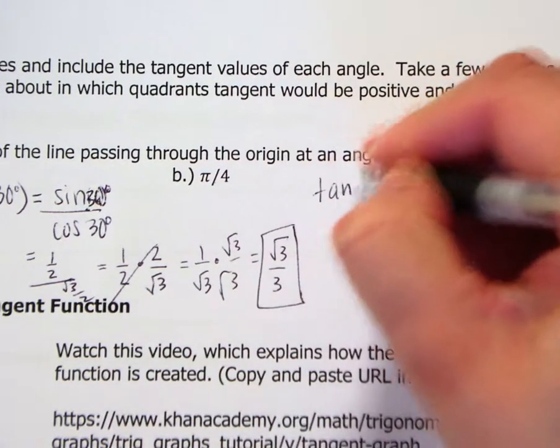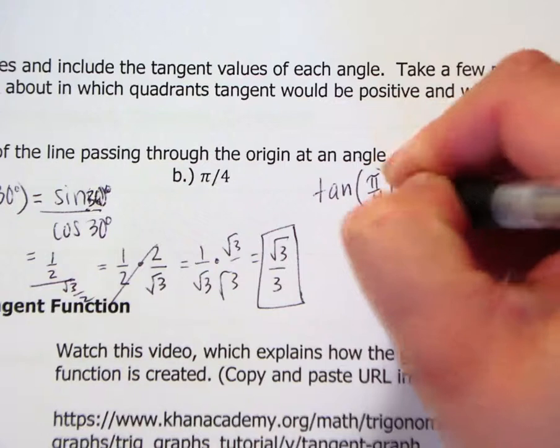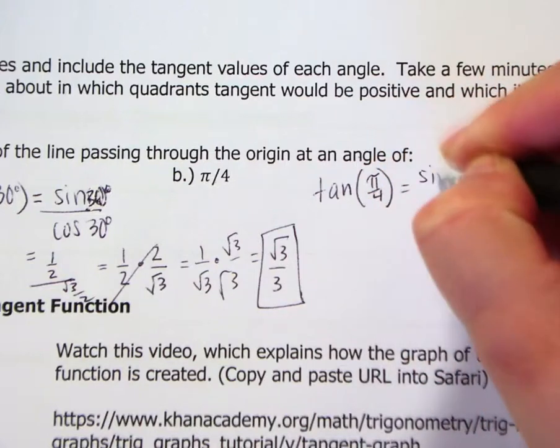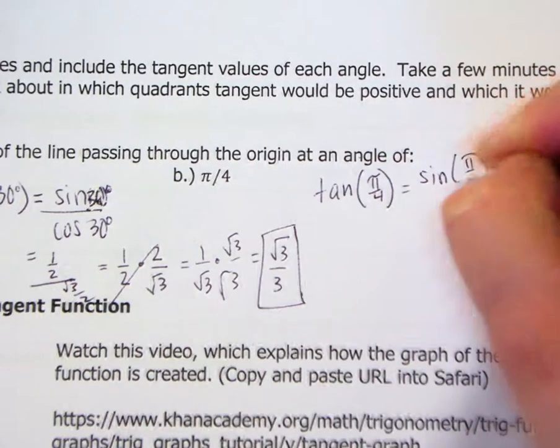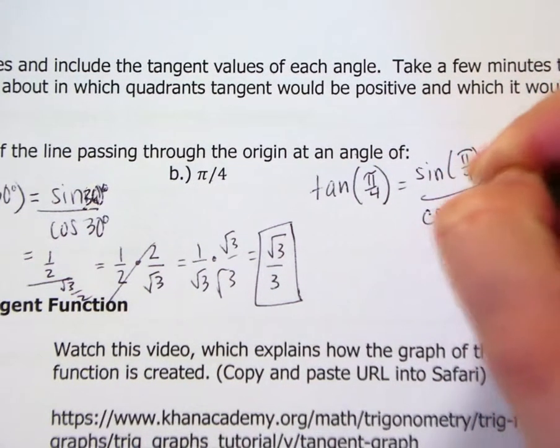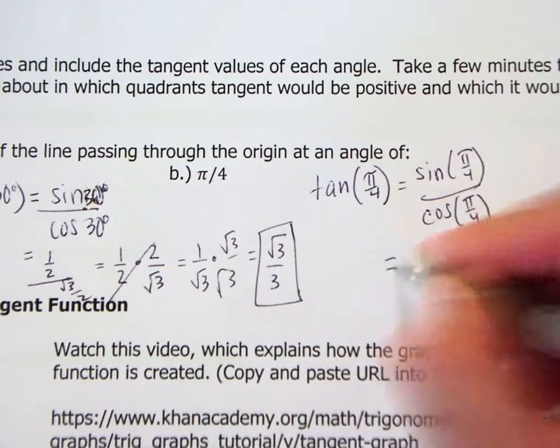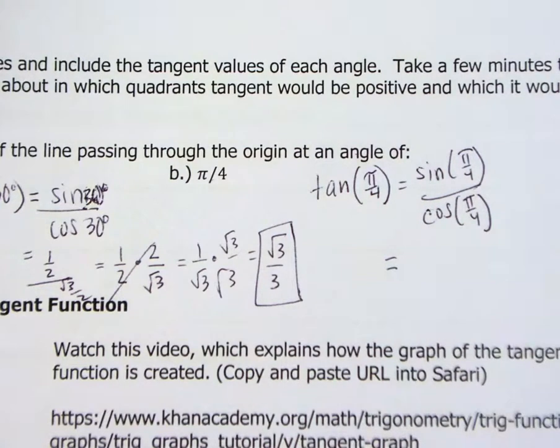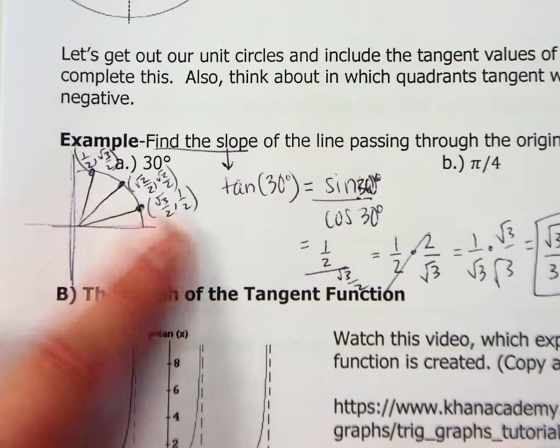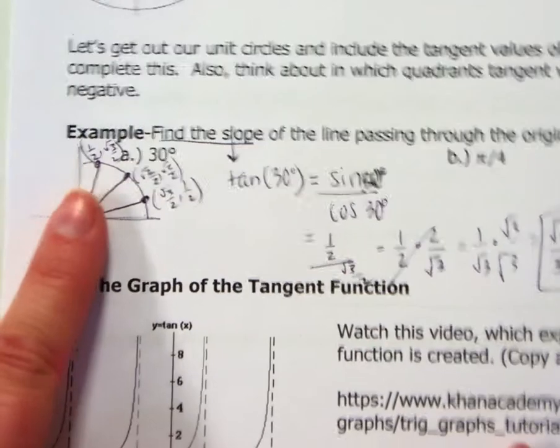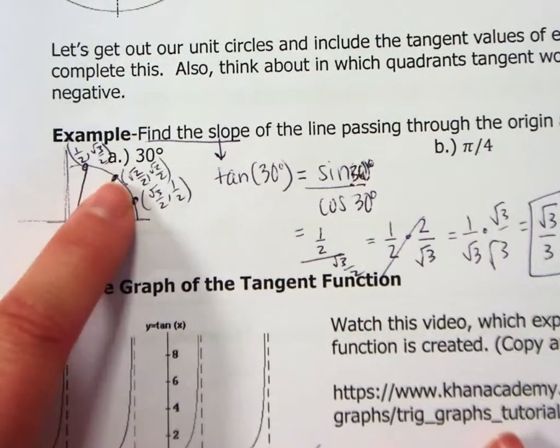So basically I'm looking for tangent of pi/4, which is sine of pi/4 over cosine of pi/4. And then I'm back to referring to my little first quadrant unit circle that I drew for myself.